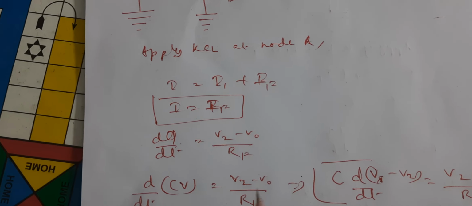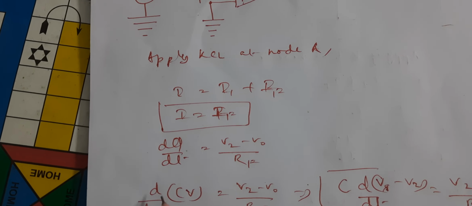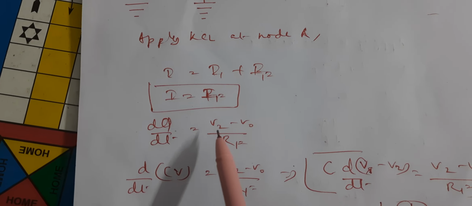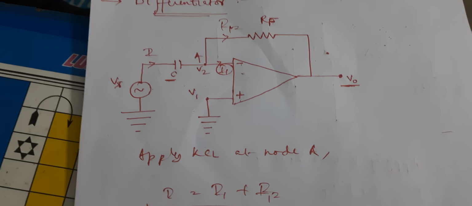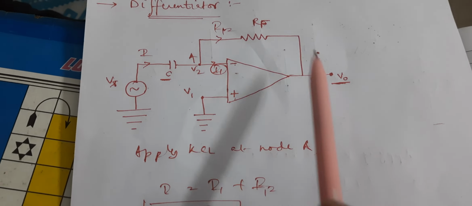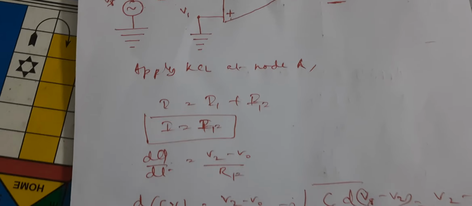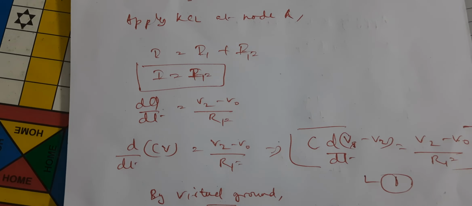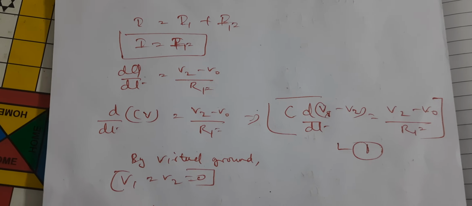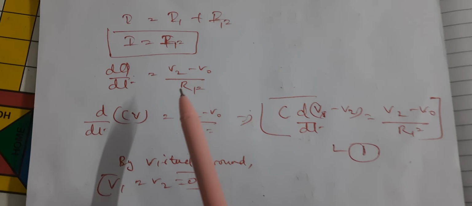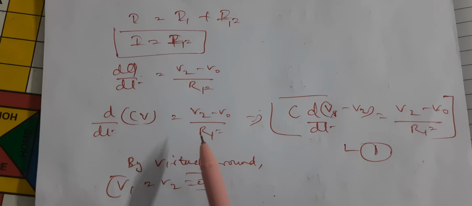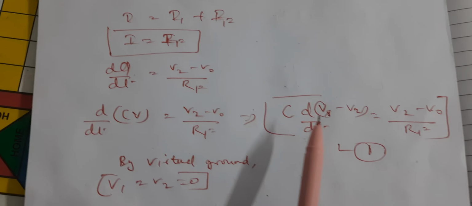After proceeding, we see I is equal to dq by dt. By definition, IF is equal to V2 minus V0 upon RF. After applying Q is equal to CV, we see d by dt of CV is equal to V2 minus V0 by RF.